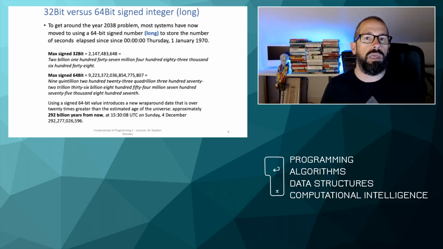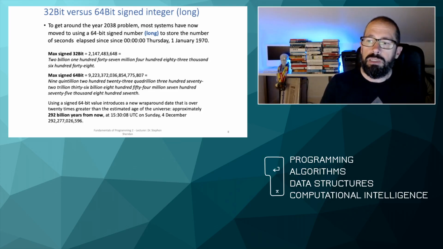Just the way we can introduce an integer variable in our programs, we can introduce a long integer into our programs just by using the data type long. So just like declaring an int, we can declare a long, and it's just another number, except this number is a 64-bit number and capable of storing a much bigger number than a 32-bit one.